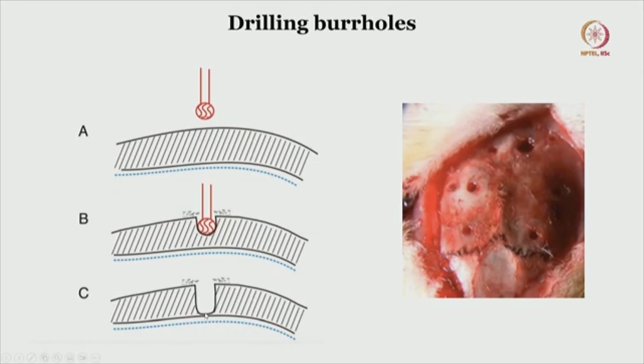So, once the inner table is breached, you will have the tactile feedback of the loss of resistance, or for that matter you can even use the microscope, and with continuous irrigation and suction you can visualize the inner table. If it is mice, you can even see the dura, which is very thin and transparent, and you can see the cortical surface with blood vessels, and that is the time you are going to stop.